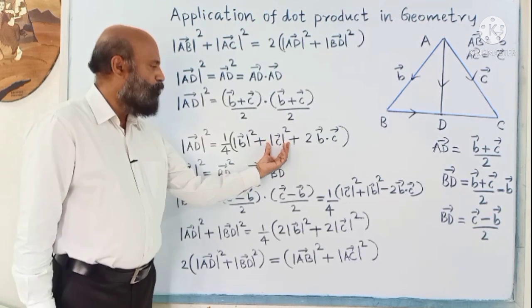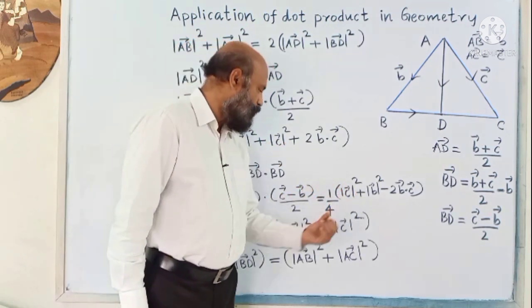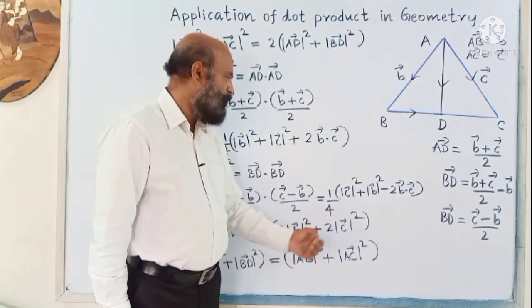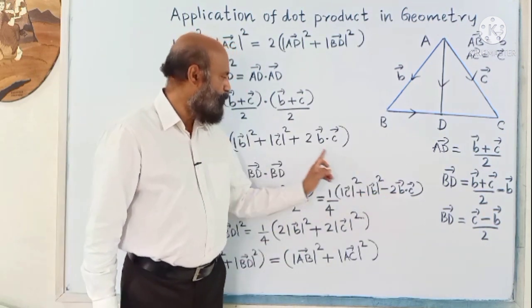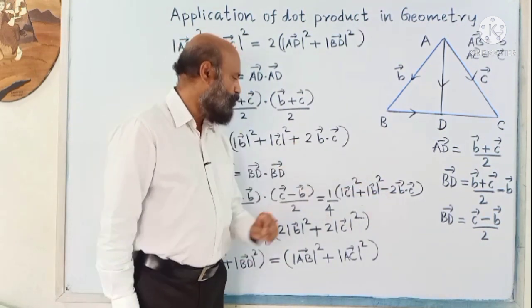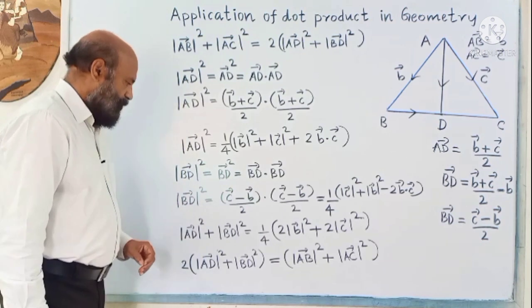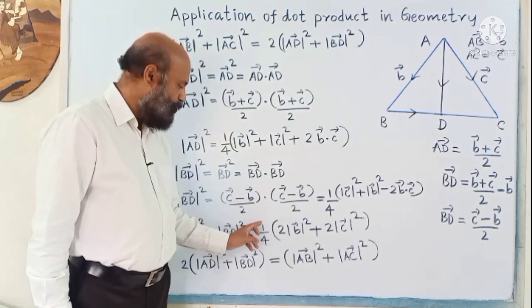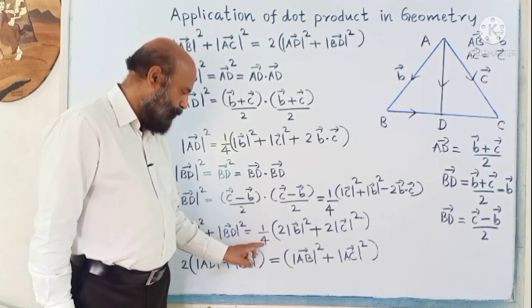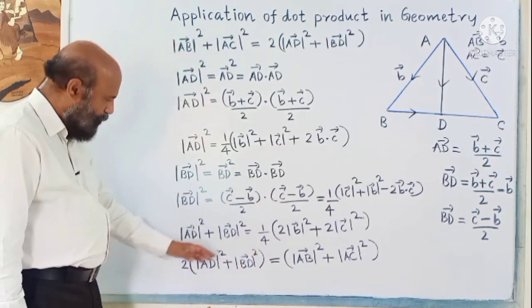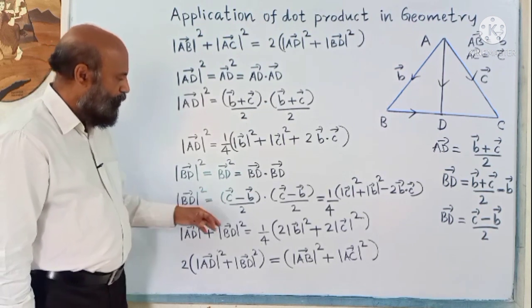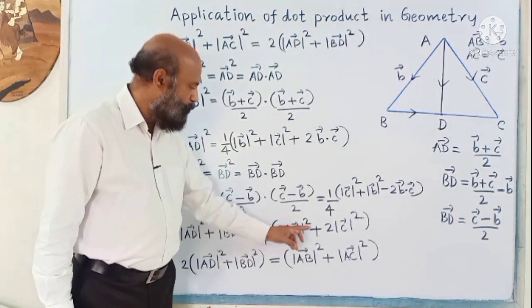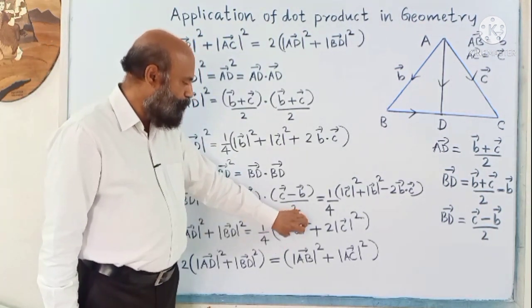Here modulus of C square, again modulus of C square, so 2 times modulus of C square. This term will get cancelled because here plus, here minus. Now 2 common, so take it outside, then that 2 and this 4 will get cancelled, leaving 2 outside and modulus of B square.